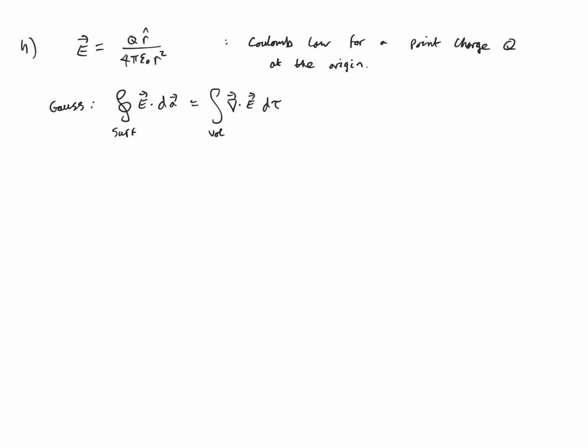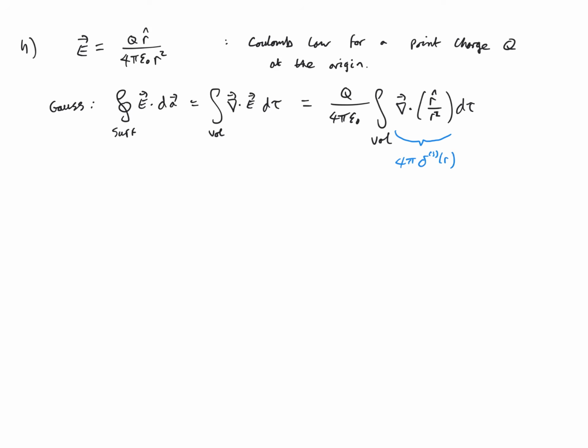So that would be equal to q over 4 pi epsilon naught of the volume integral of the divergence of r hat upon r squared, integrated over some volume d tau. And we've just learnt something about that divergence of r hat upon r squared, namely that this thing is equal to 4 pi times the delta function.